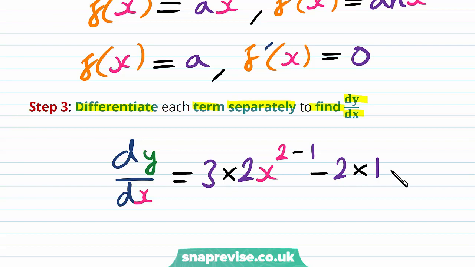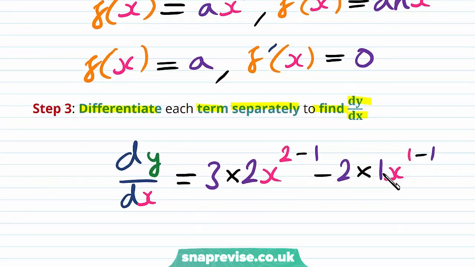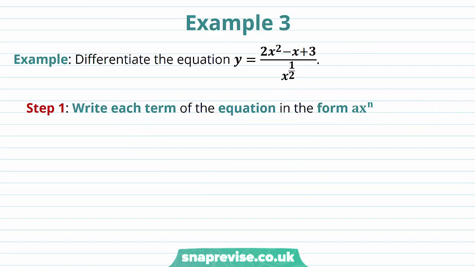And then we have an x to the power of 1 minus 1. And then for our constant term, which is a minus 8, we just end up with plus 0. And therefore all we get is a 6x for our first term, and then we have a minus 2. And this is our derivative.